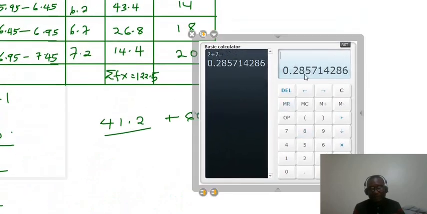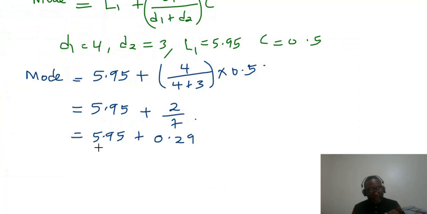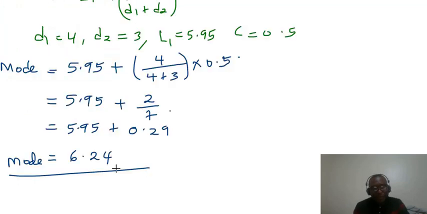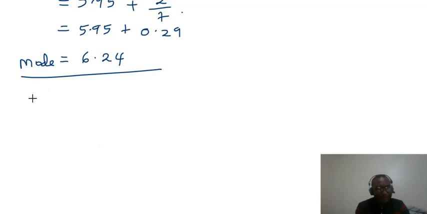We get this value here, which we need to round off to 2 decimal places. So this will be 0.29. So you're going to get 5.95 plus 0.29. Our answer is 6.24.